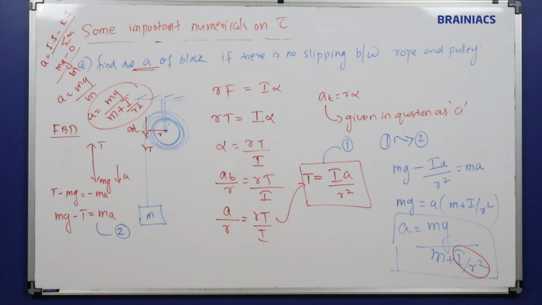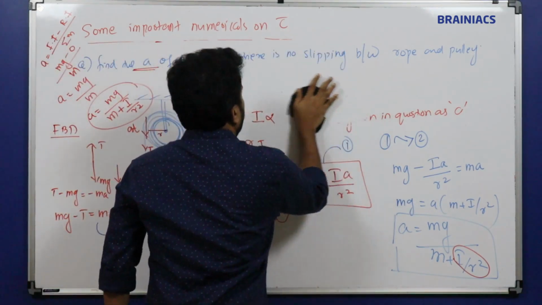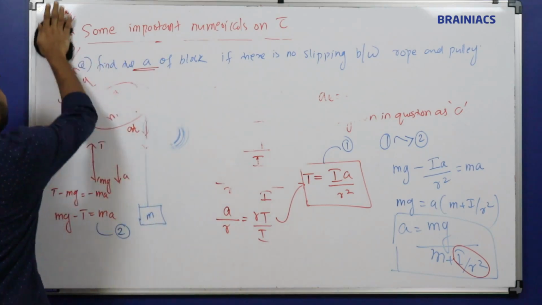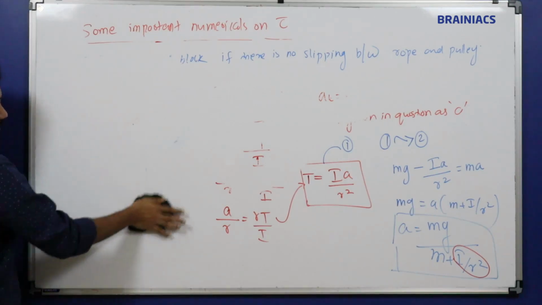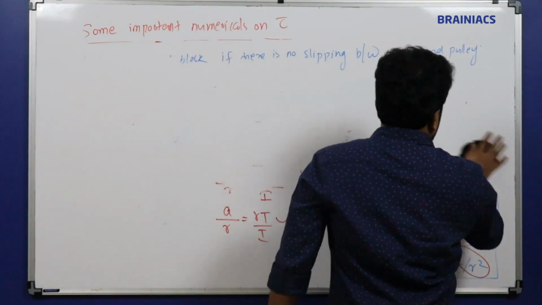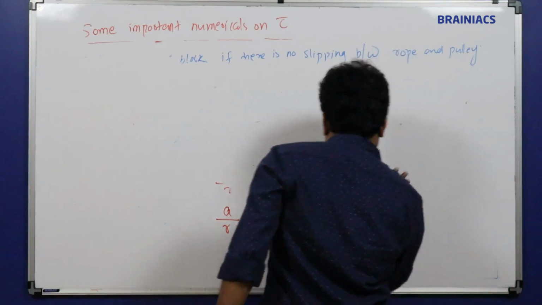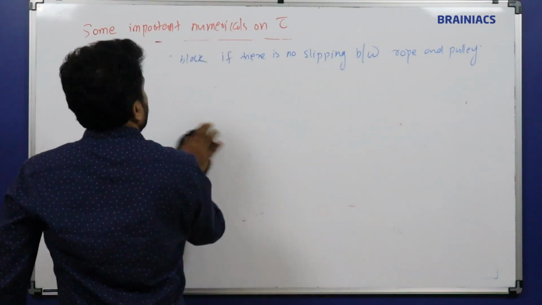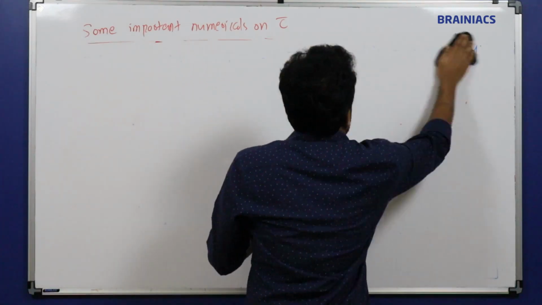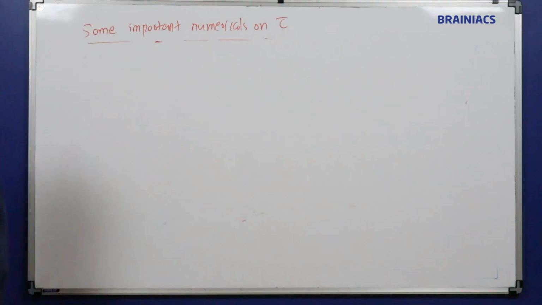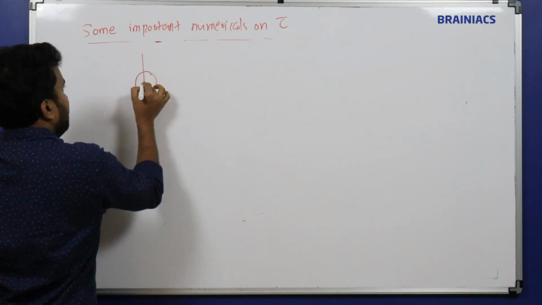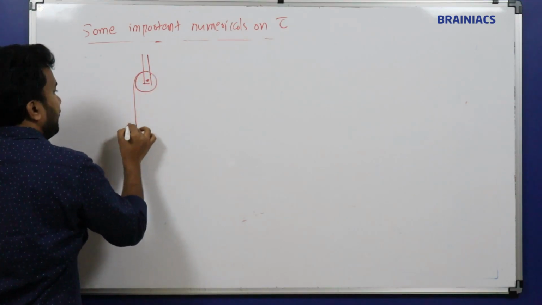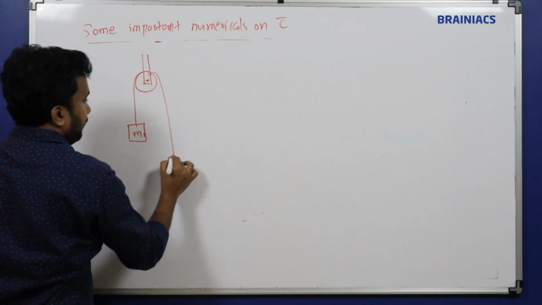Suppose I am taking a little bit of space over here. So this is clear, right? Now here it is just a single body structure. Now if two masses are given, and the question is to find the same thing if there is no slipping and it's purely a rolling motion for a two-body structure. For two-body structures similar to this one, what we have learned, this is a pulley system and this is a rope, and over here m1 and over here m2.